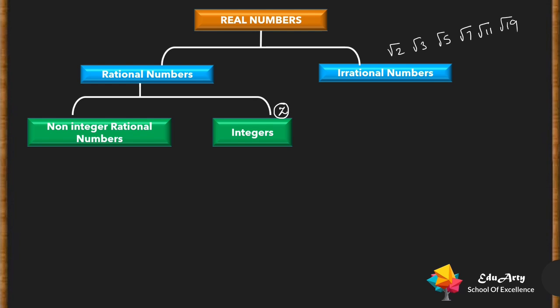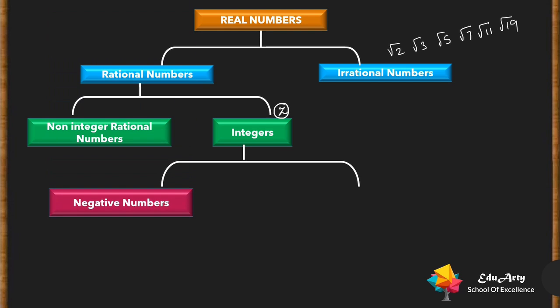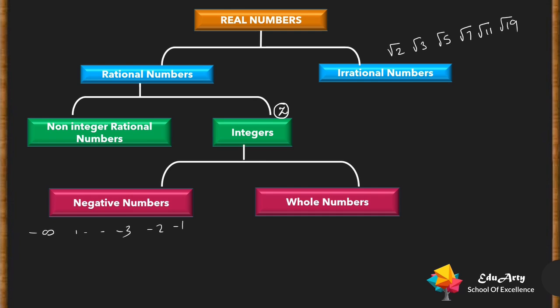Now integer rational numbers include negative numbers and whole numbers. Negative numbers are -1, -2, -3, up to minus infinity on the number line.